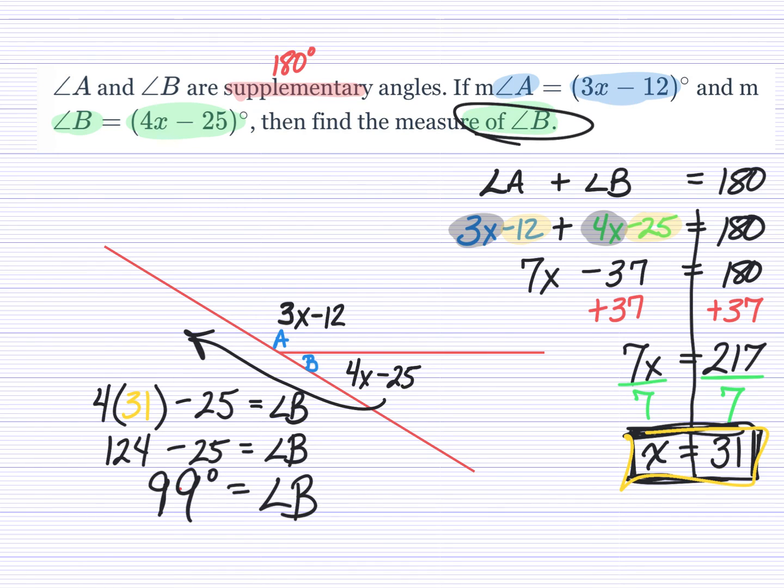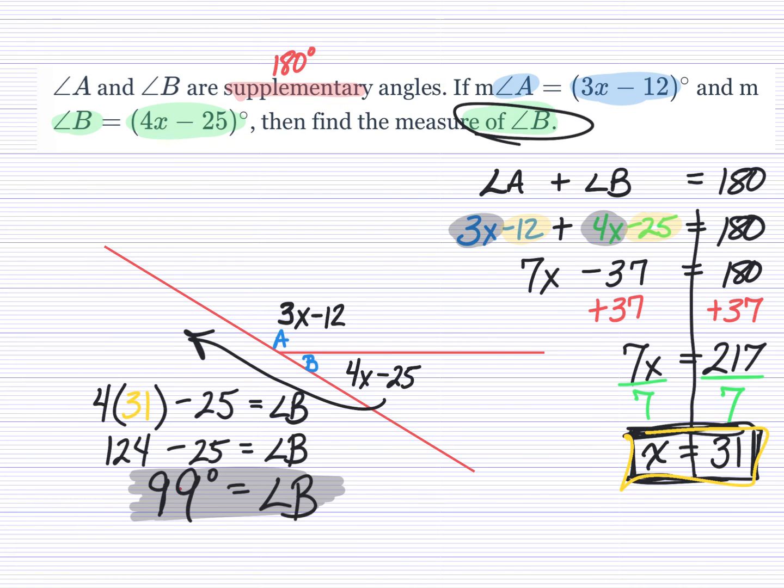So angle B is 99 degrees. So what we're thinking on, and if angle B is 99 degrees, supplementary means they add up to 180. Think about what the other side would be. It'd be 91 degrees. Excuse me, 81 degrees. Sorry about that. 81 degrees would be my angle A.